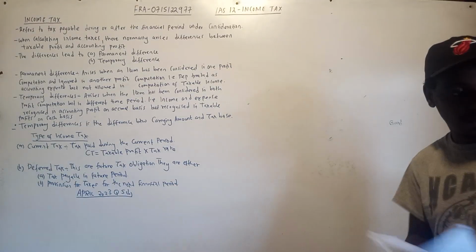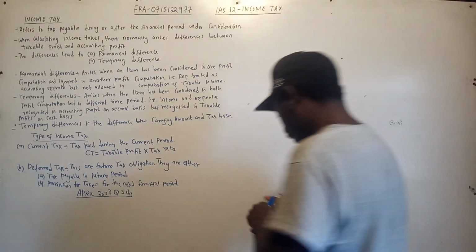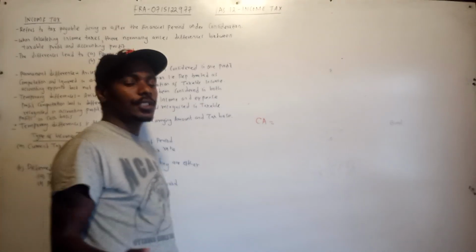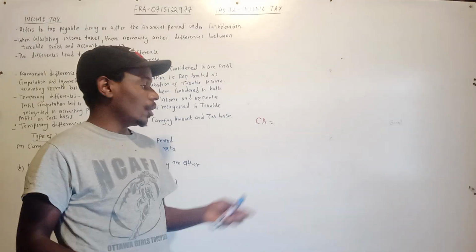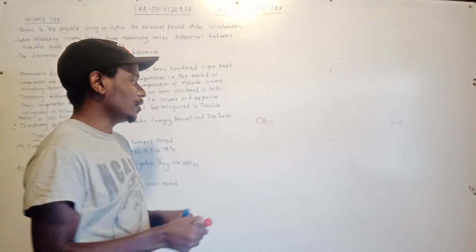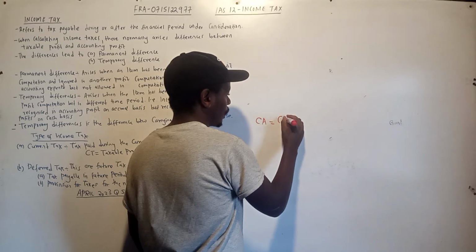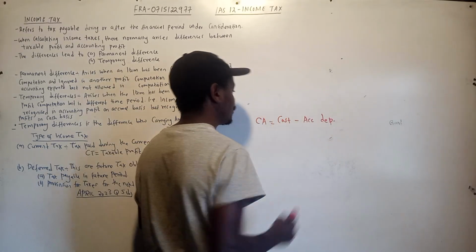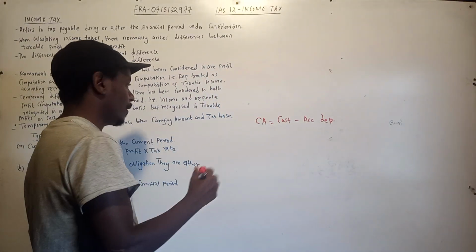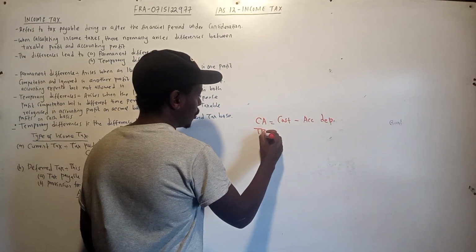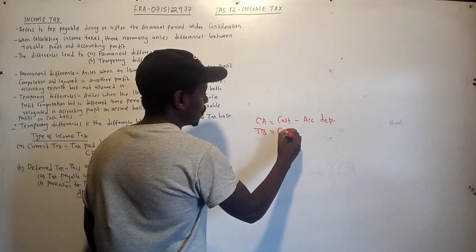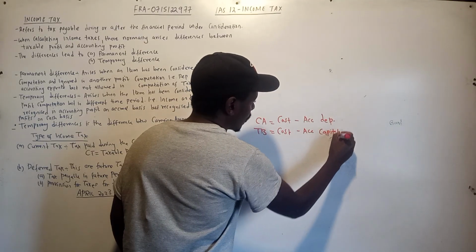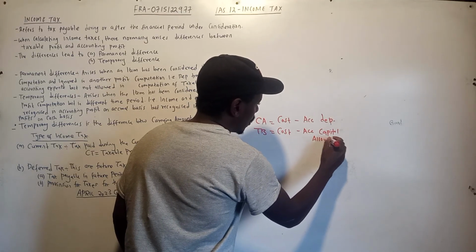So how do we get the carrying amount? Carrying amount is the net book value, or the amount as at the balance sheet, and it equals cost less the accumulated depreciation. Then we have the tax base, TB, which equals cost minus accumulated capital allowances.